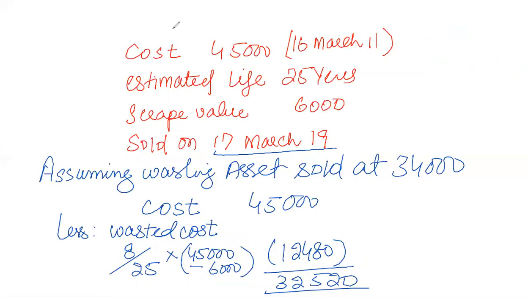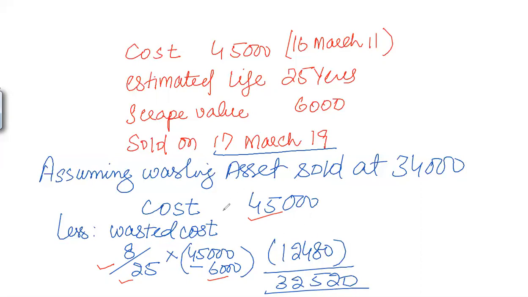So we'll use the formula. The original cost was 45,000. The vested cost is 8, that is life used, over the original life 25, into 45,000, the cost, minus the scrap value. So this is the depreciable amount into the amount of life used divided by the total life. This is the vested cost.